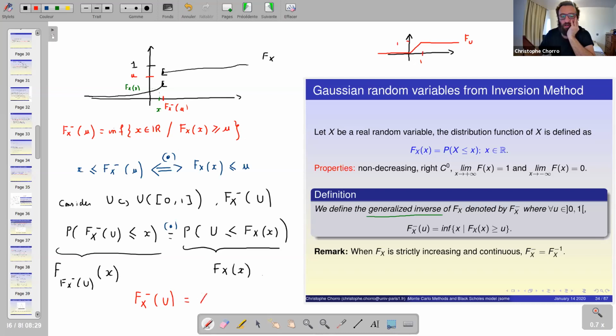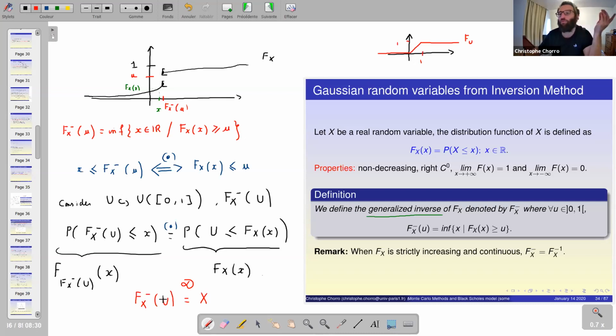They are equal in distribution. So meaning that if I want to generate from U, from a uniform on the interval 0, 1 that I have supposed to be able to do, if I want to generate a distribution of X, I can apply this formula. So you have here a general methodology in order to do this.